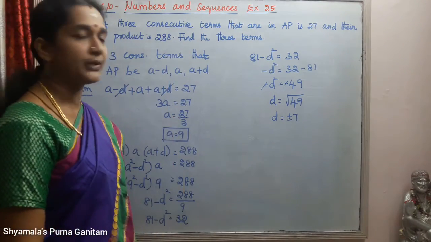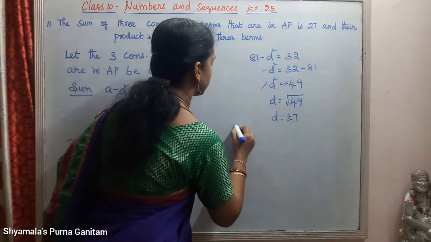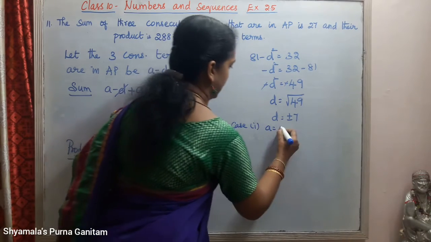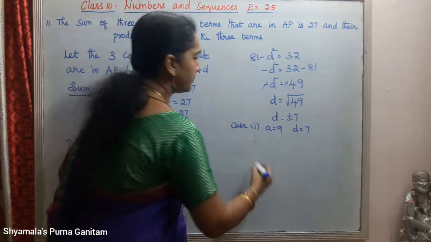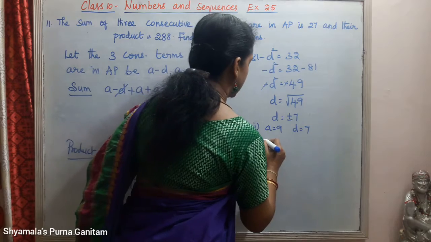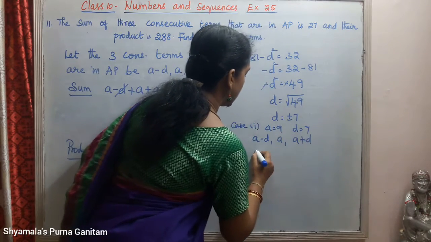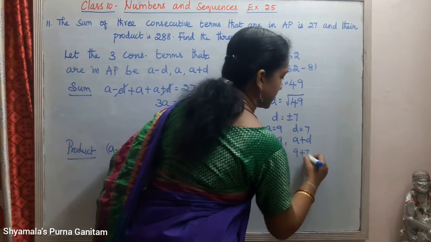So difference we are getting as plus or minus 7. We are asked to find the three terms, so we will get two cases for that. Case 1 is A is equal to 9 and D is equal to plus 7. So the terms in the AP are A minus D, A and A plus D. So 9 minus 7, 9 and 9 plus 7.